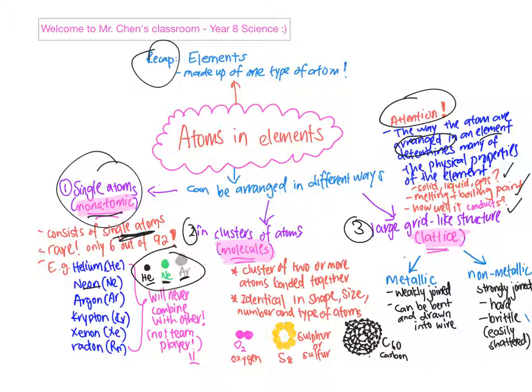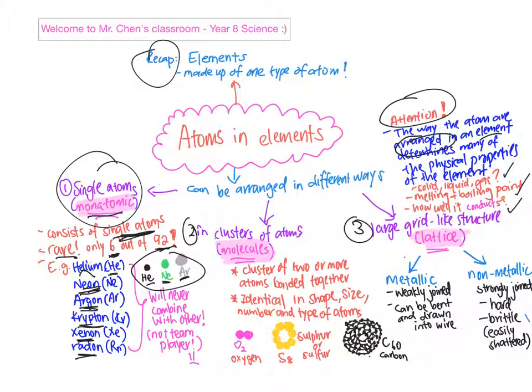It is actually super rare. It's like a Charizard or Mewtwo in your Pokemon, where there are only 6 of them out of the 92 naturally occurring elements in the whole universe. The 6 of them are helium, neon, argon, krypton, xenon, and radon.